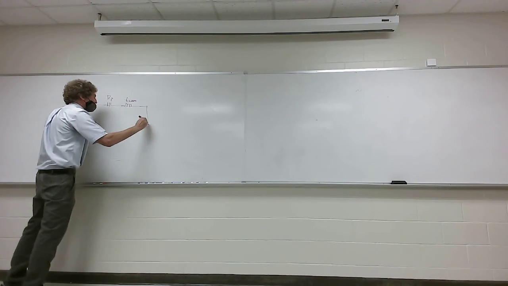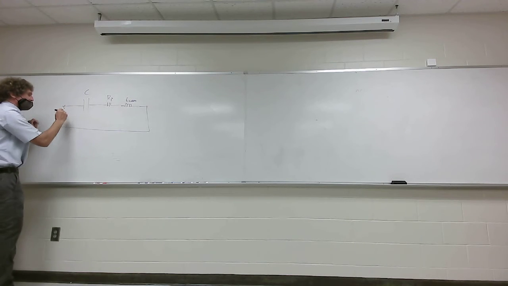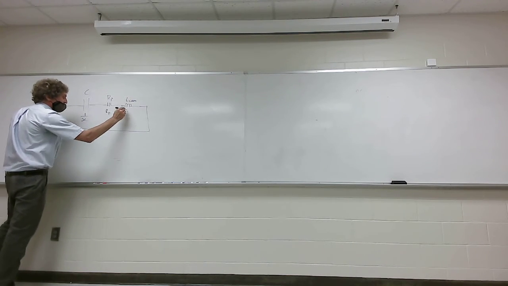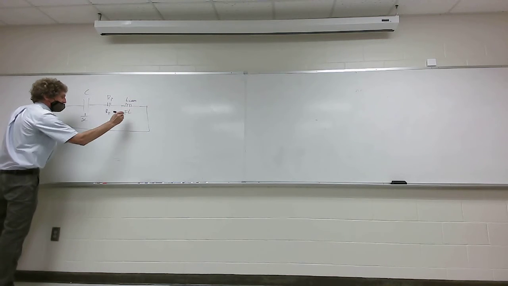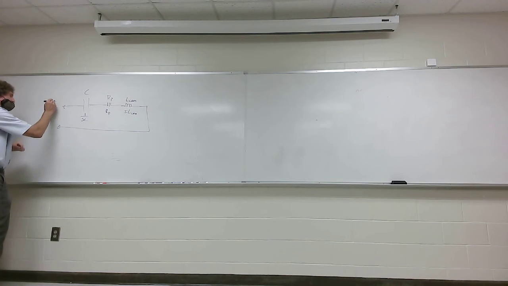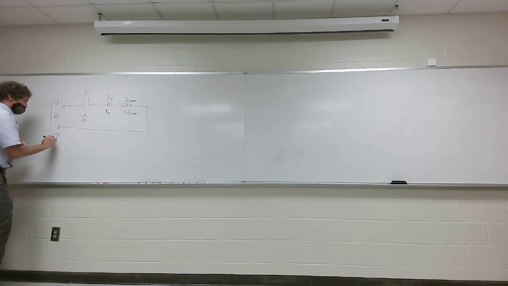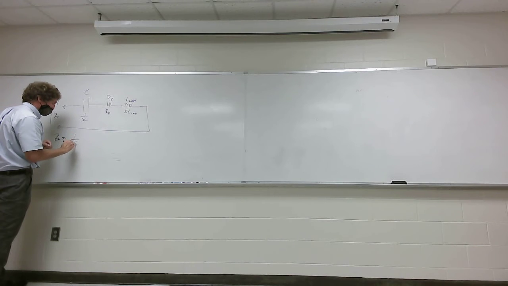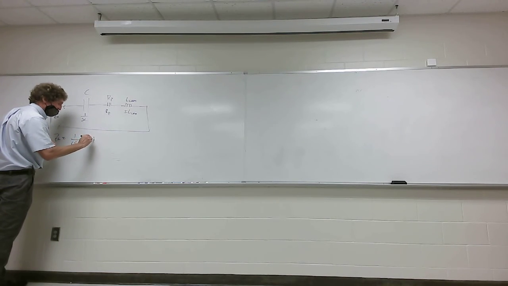That's what this looks like. This is 1 over SC, this is just RP, and this is SL. And you can find that the input impedance of this will just be 1 over CS plus RP plus SL lead.